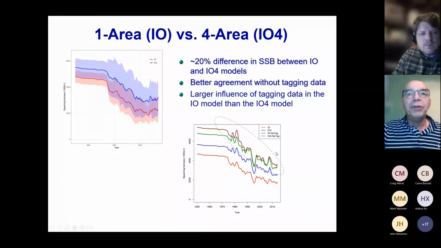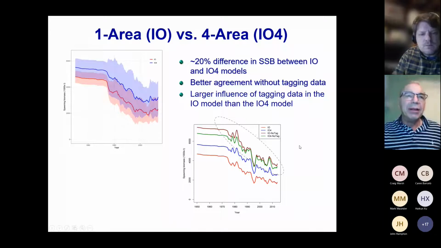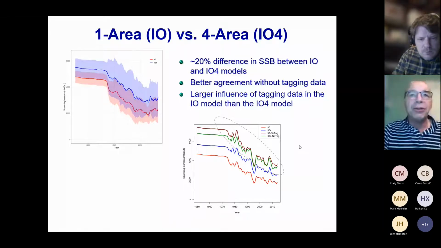If we were to do this without the tagging data, which, again, allows some degree of movement between areas, we see a closer agreement between the two. And that's in the lower right-hand corner here. The IO model with no tag and the IO4 model with no tag end up being pretty similar. And exactly what drives that difference, I think we would have to look at that a bit further.